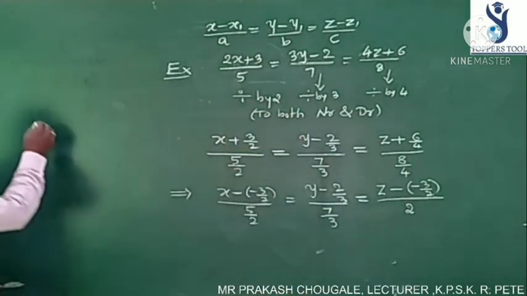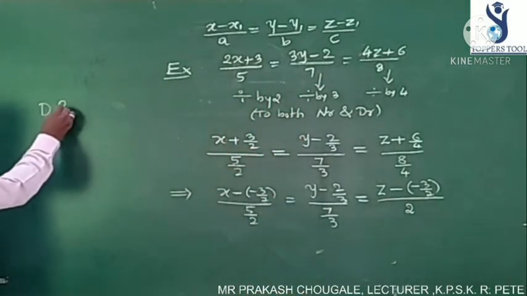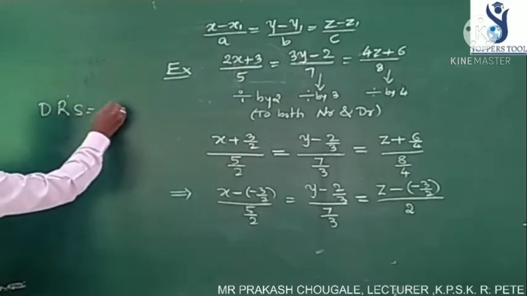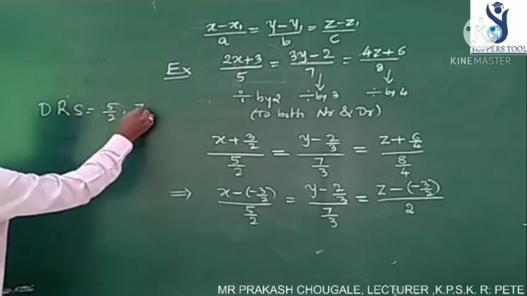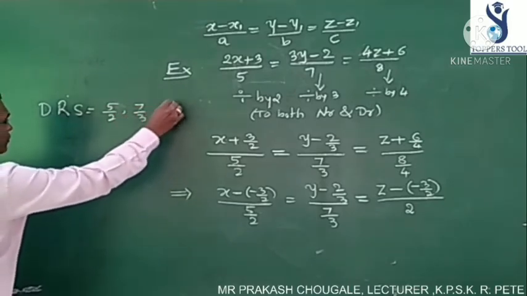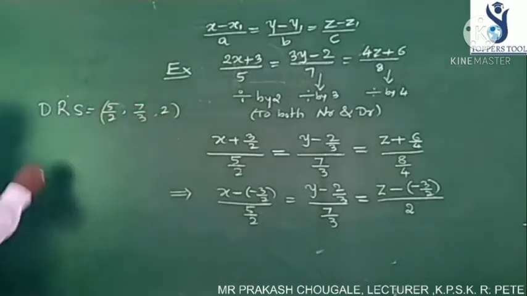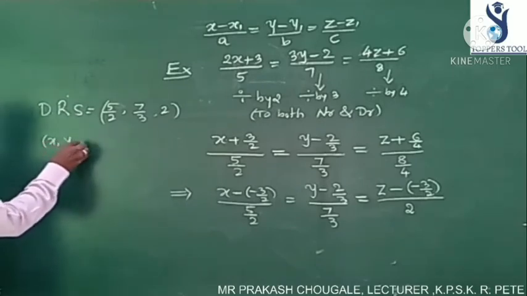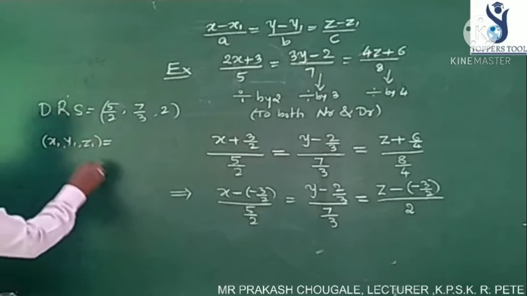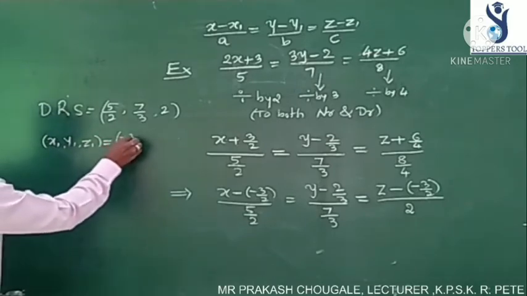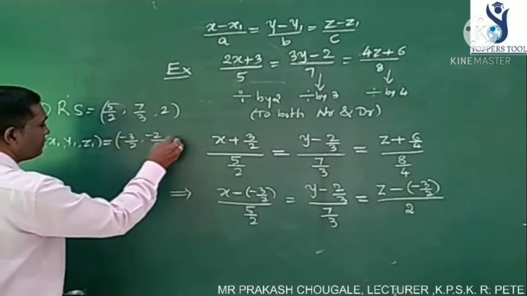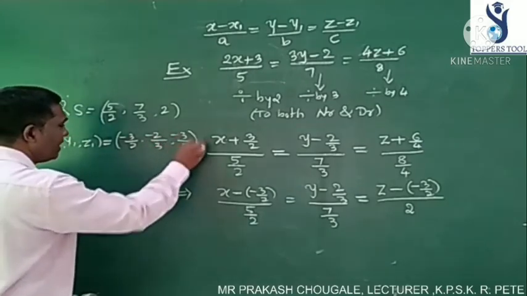I will write here: direction ratios are 5/2, 7/3, 2. And the point on the line is minus 3/2, minus 2/3 and minus 3/2.